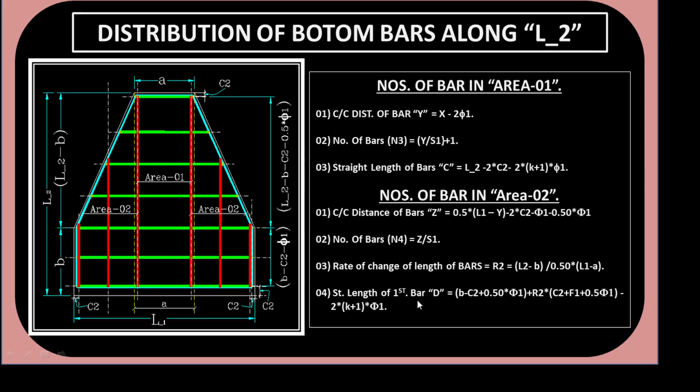Straight length of first bar D is equal to B minus C2 plus 0.5 S1 plus R2 into C2 plus F1 minus phi F1 minus 2 into K plus 1 into phi 1.